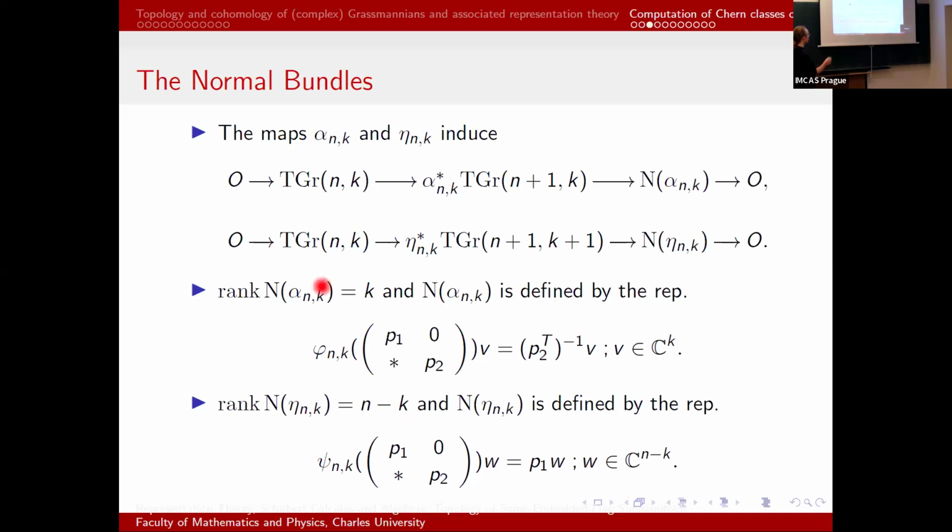This can be obtained by analyzing the restriction of the representation of P n plus 1 k to the inclusion of Pnk inside SL n plus 1. And similarly, from the other short exact sequence, we obtain the normal bundle of eta nk, and it is defined by this representation, which is just the standard representation of the GL n minus k block on C n minus k.